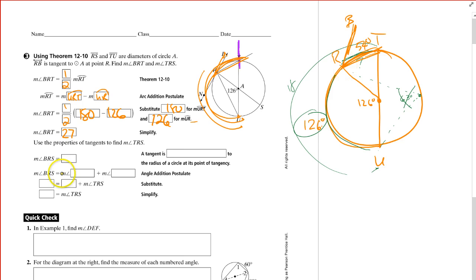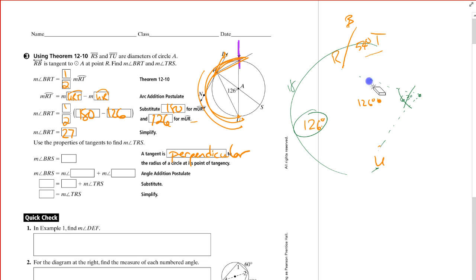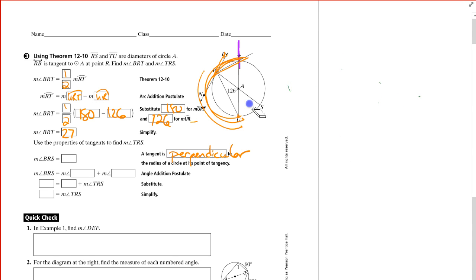Then we're not done. Since the tangent is perpendicular to the radius of a circle at its point of tangency, it is a 90-degree angle. So BRS, B to R to S, we know that is a right angle. So BRS is 90. And it's also made up of the 27 that we figured out just a minute ago.